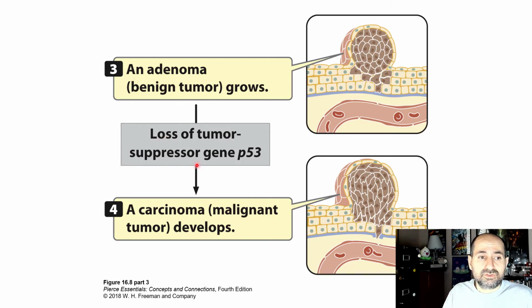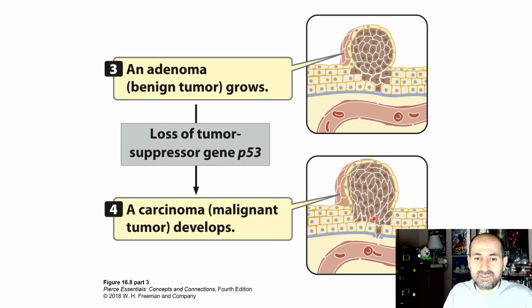Okay. Next, you lose another tumor suppressor gene. Remember we discussed this important tumor suppressor called P53? You lose another tumor suppressor, and now it grows even more. A carcinoma forms, which is a malignant tumor develops. So malignant, look what it's doing. It's starting to invade adjacent tissues.